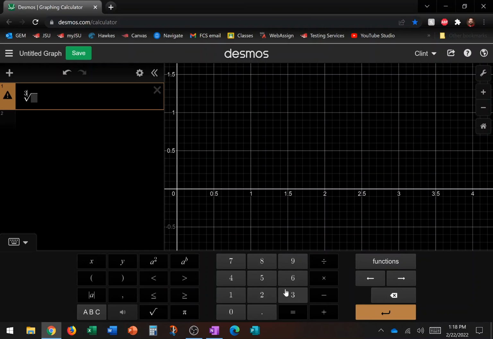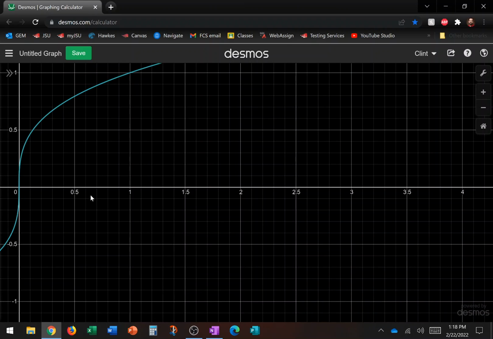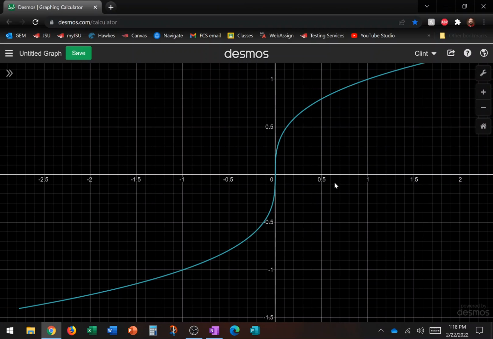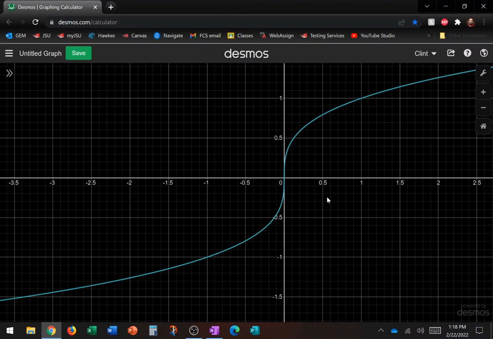And if we have the cube root of x, our basic shape there, the right side looks basically just like the square root. But with the odd index, we also have the graph down in quadrant 3, because negative numbers are okay with an odd index.